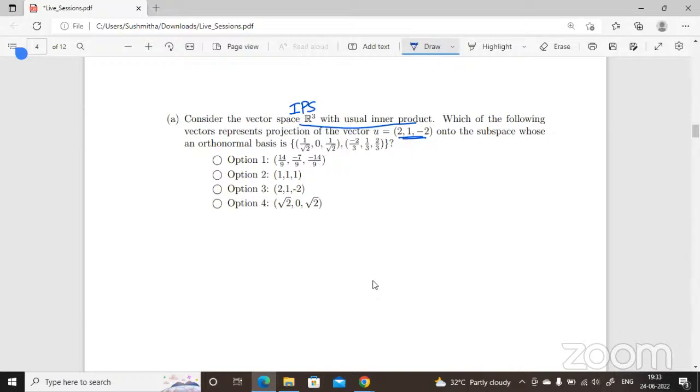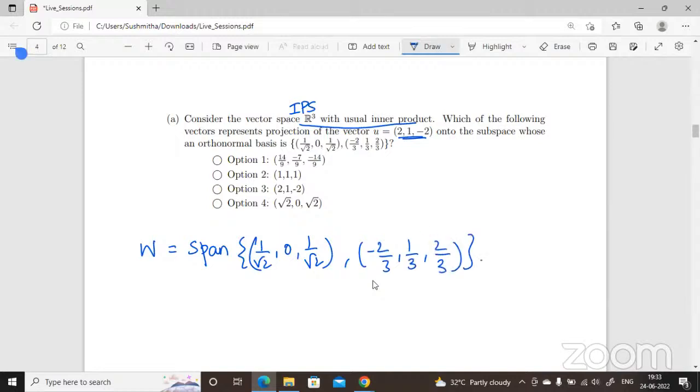This is the span of (1/root 2, 0, 1/root 2) and (-2/3, 1/3, 2/3). It is already an orthonormal basis, so no work to be done, right?